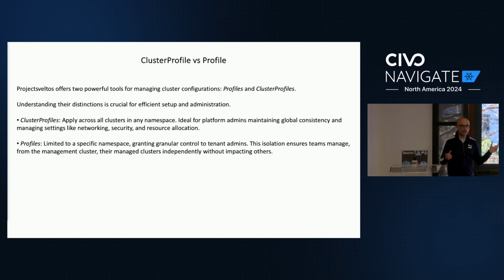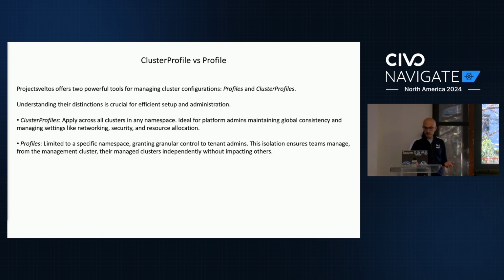And so Profile is the equivalent custom resource, which is a namespaced resource. So if you create a Profile in namespace foo, Sveltos is only going to find clusters in the namespace foo which are a potential match for the profile.